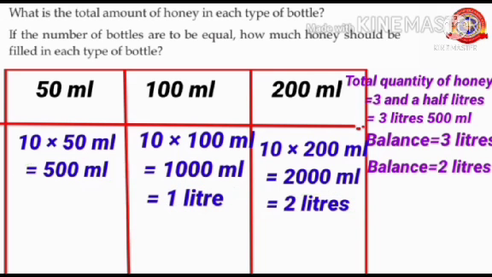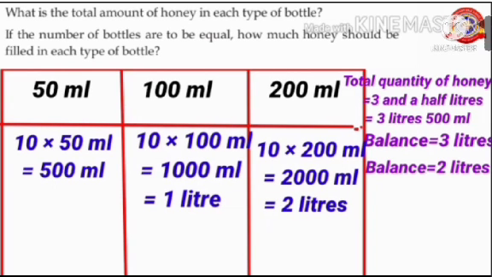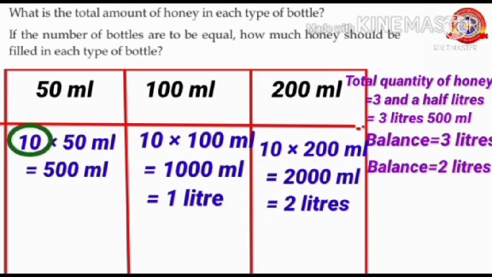Children, listen to the next question. If the number of bottles are to be equal, how much honey should be filled in each type of bottle? Here, all types of bottles are the same in number. That is, the number of 50 milliliter bottles is 10, the number of 100 milliliter bottles is 10 and the number of 200 milliliter bottles is 10.